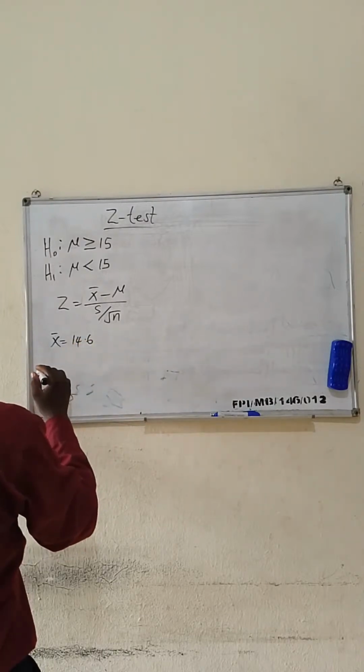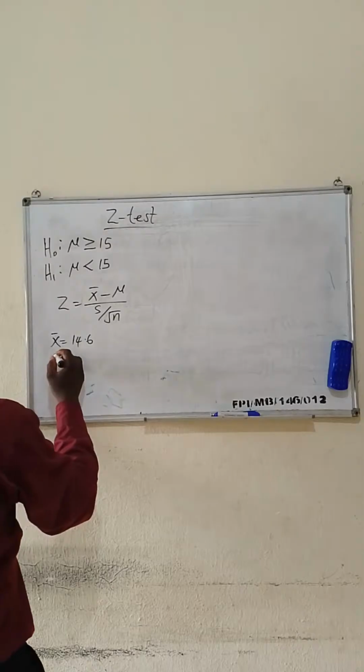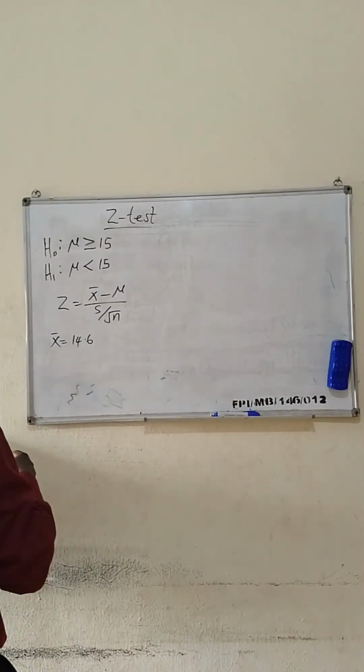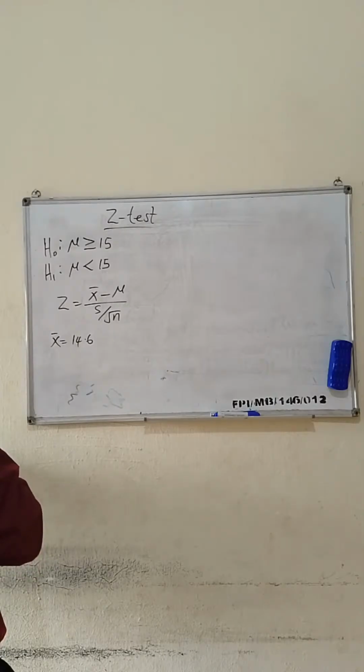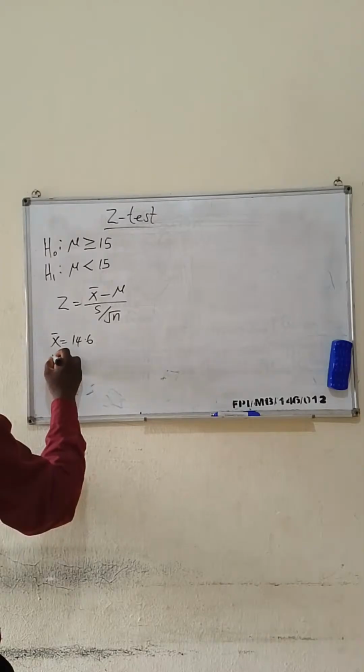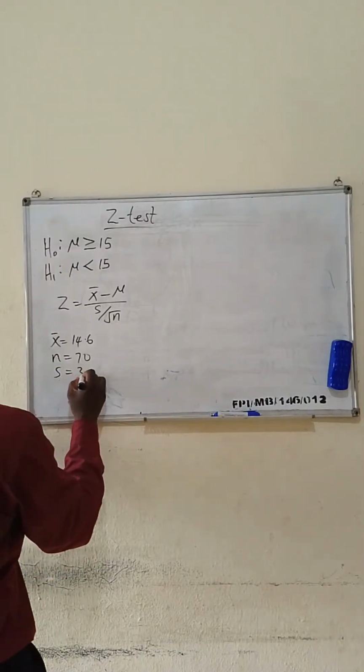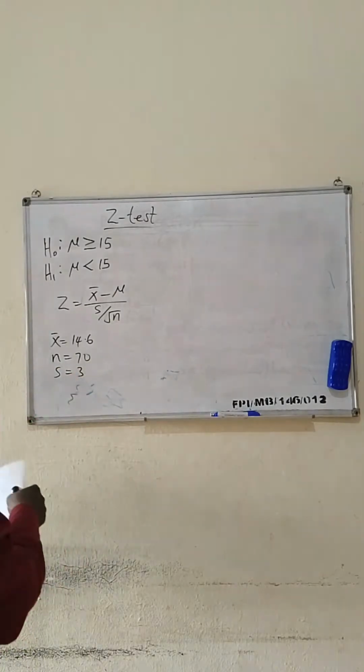And we are told that the number of patients N equals 70, right? And the standard deviation is 3. S equals 3. That's what the question gives us.